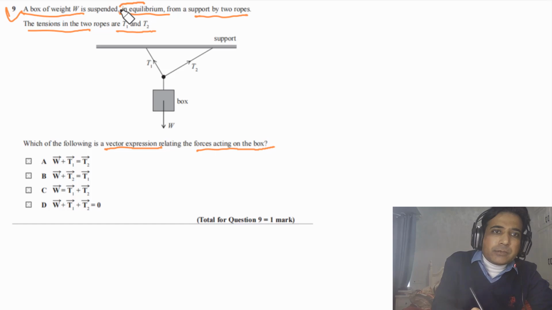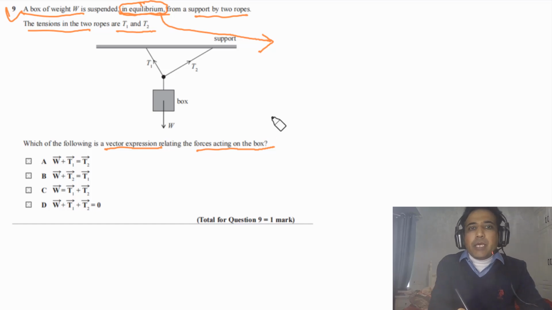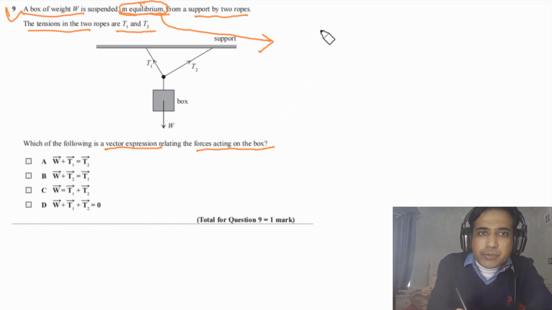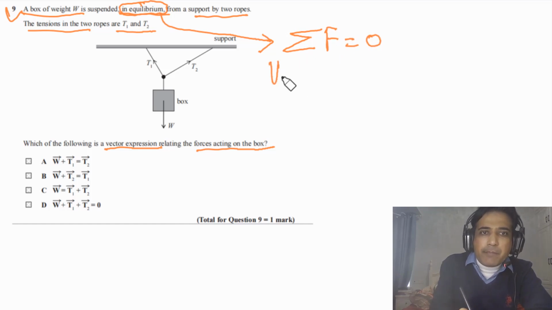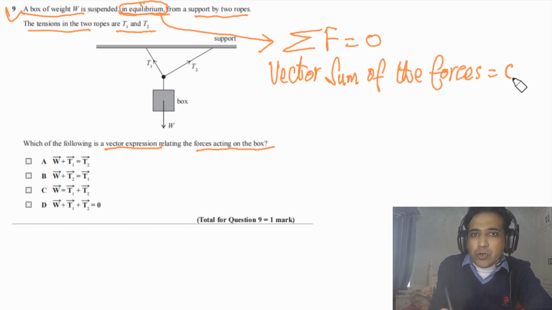In this question, it is given to you that the box is in equilibrium. So now simply you need to understand the meaning of equilibrium. Equilibrium simply means that the vector sum of the forces has to be equal to 0. So if an object is in equilibrium, the vector sum of the forces acting on the object has to be equal to 0.